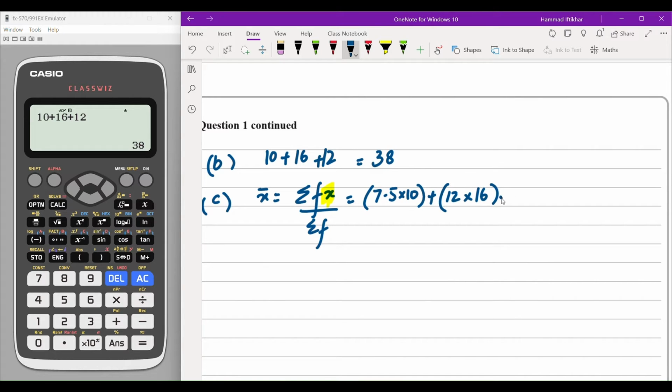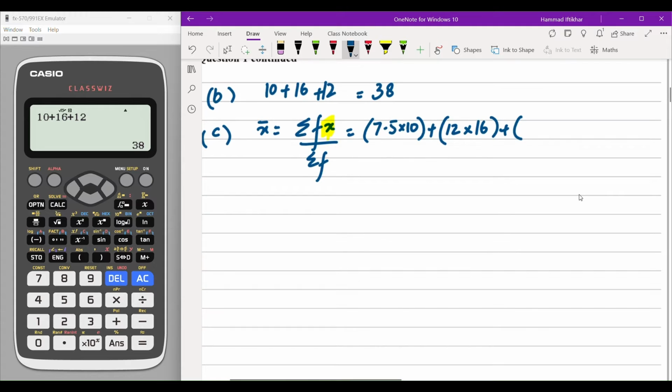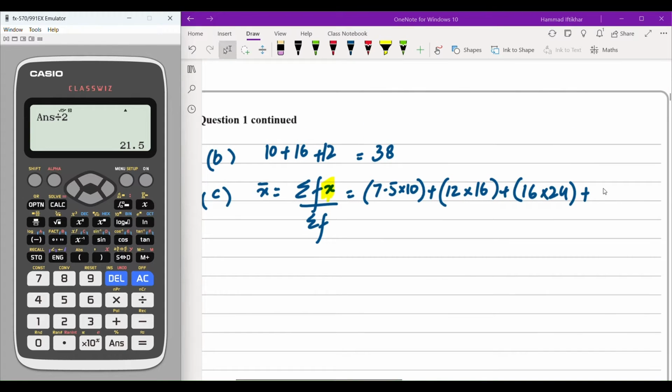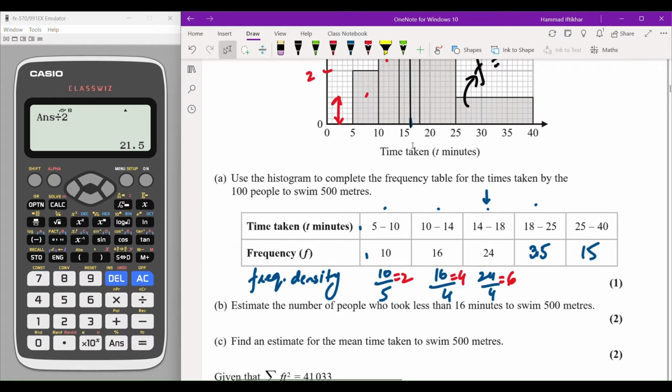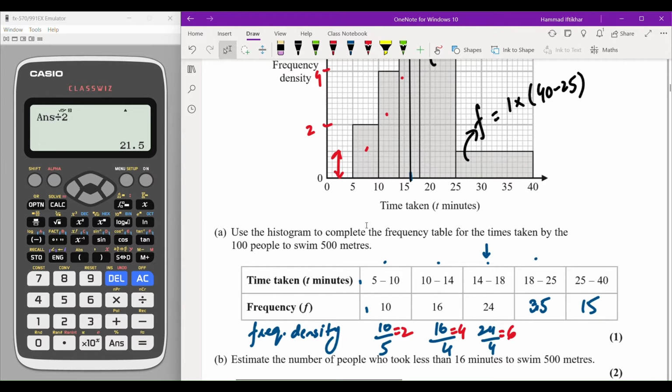Plus 16 and 24, plus 18 plus 25 divided by 2, that is 21.5 times 35, plus, right frequency.